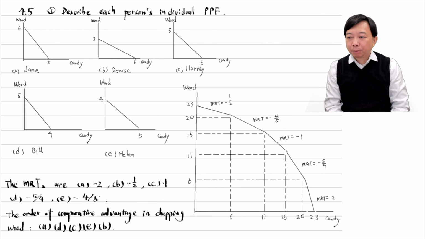If all 5 people produce candy, they make 23 candy bars.